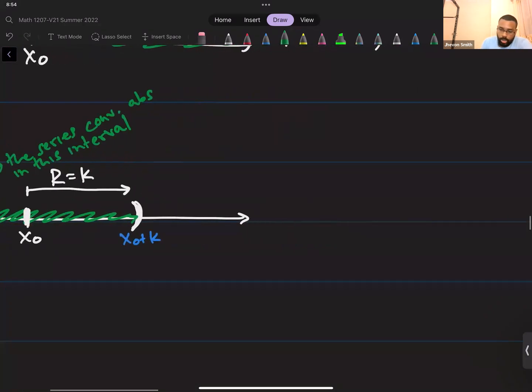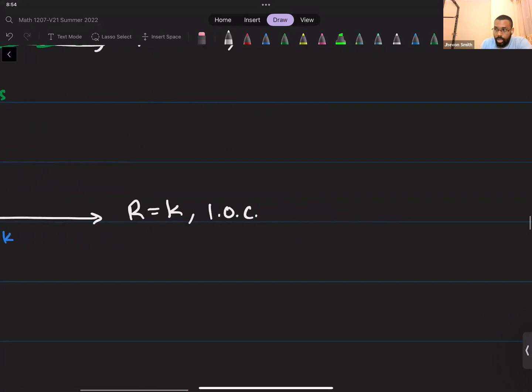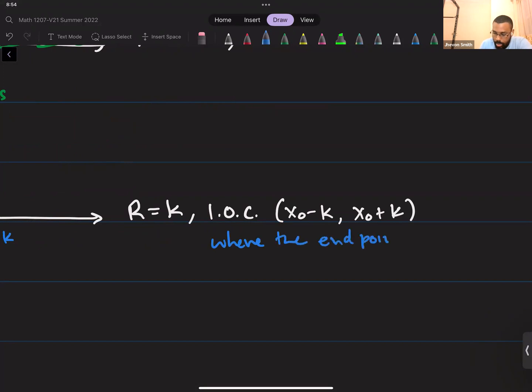In this case, the radius of convergence is k. The interval of convergence is going to be x naught minus k up to x naught plus k, where the endpoints may be included.